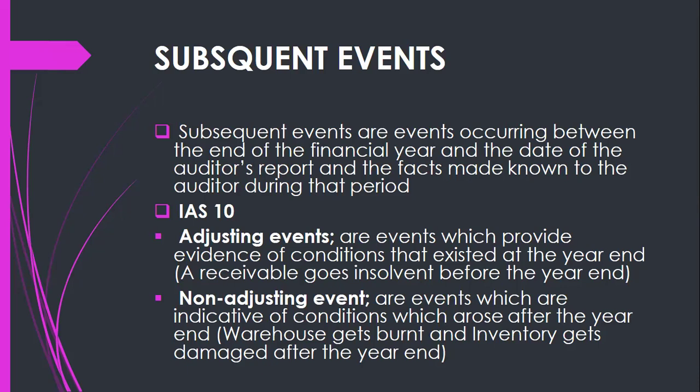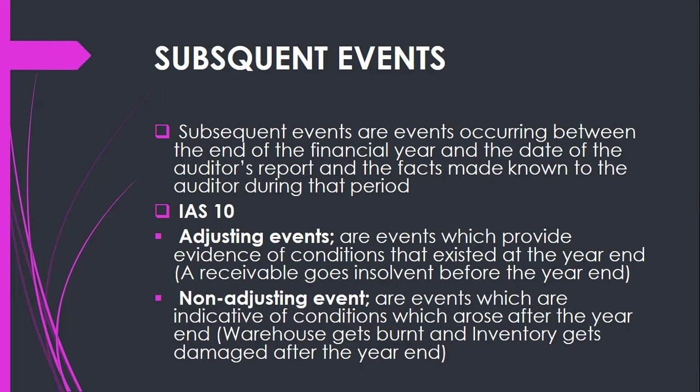So if the financial year is ending on 31st December, then the audit report is going to be issued maybe on 31st March. So that period from 31st December to 31st March of the following year, all the events that occur during that period are what we call subsequent events.